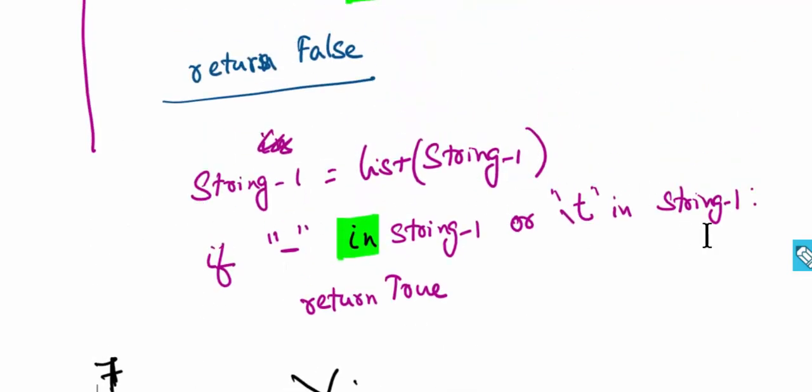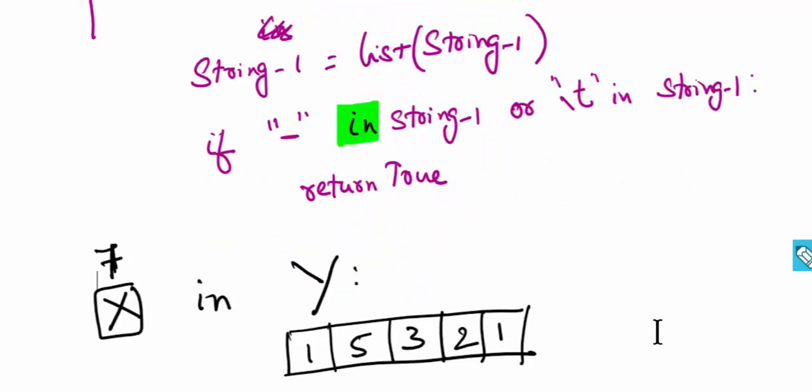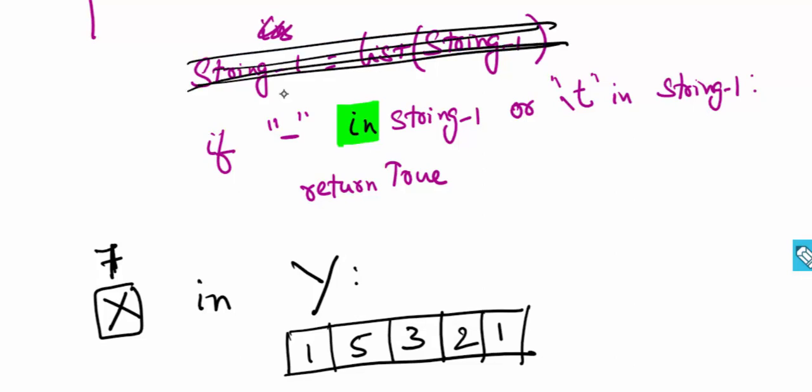And in fact, we can take it one more step and avoid this conversion altogether. We don't need to convert the string to a list. Now, you might be asking why. You said the in functionality goes over an iterable. Is a string an iterable? Yes, it is an immutable iterable.